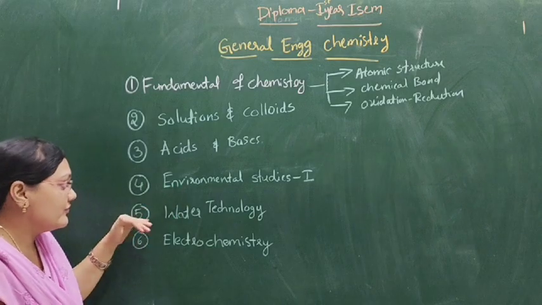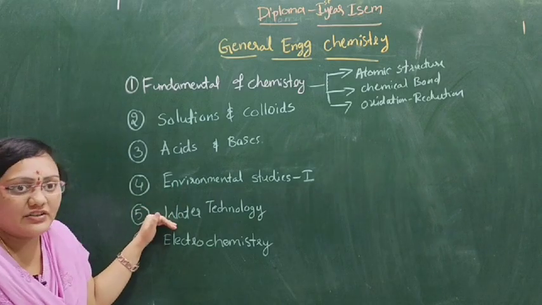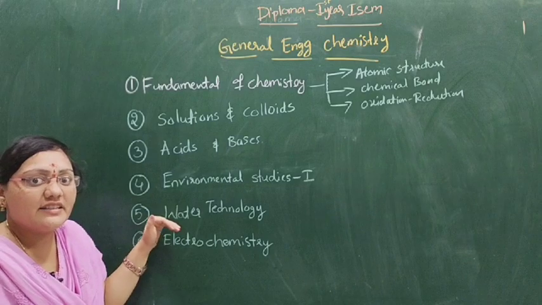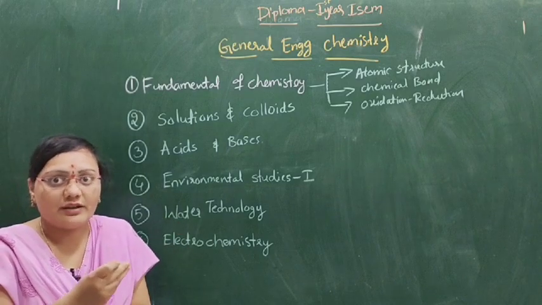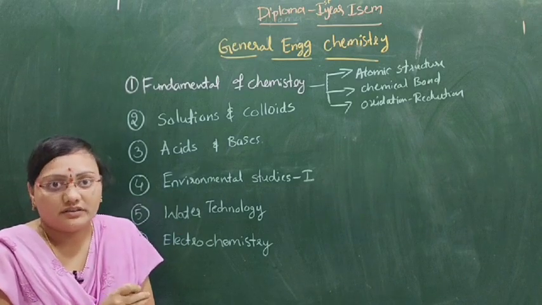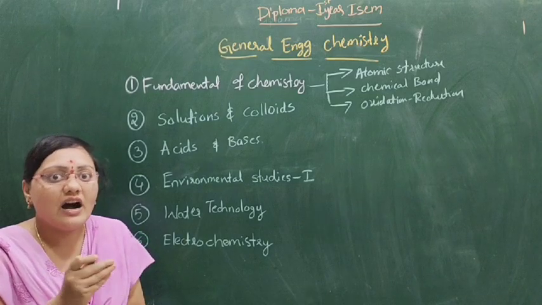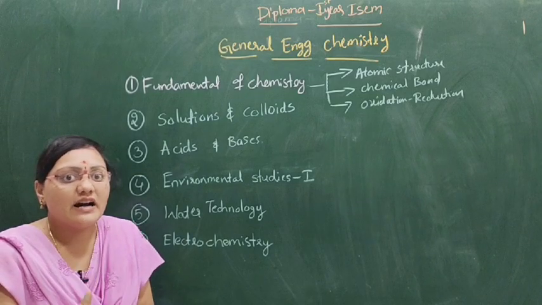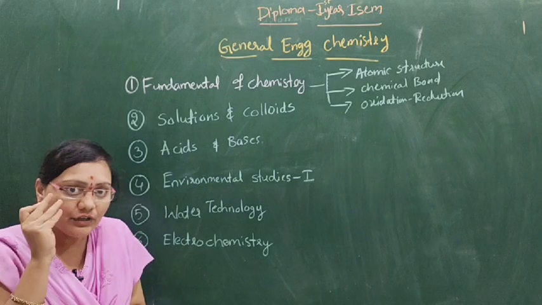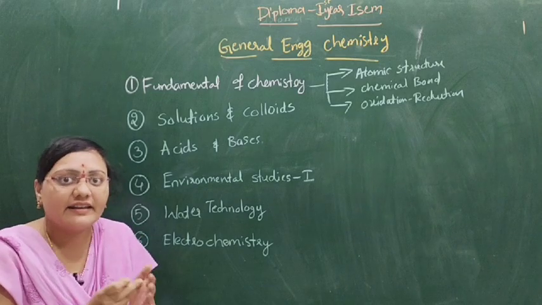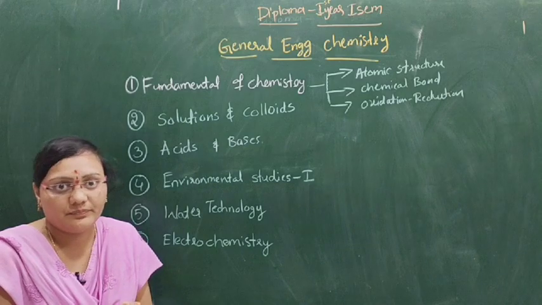And the last 2 units are water technology. Water technology: water has 2 types, soft water and hard water. Hard water has hardness. What is hardness? Hardness is of 2 types, temporary hardness and permanent hardness.